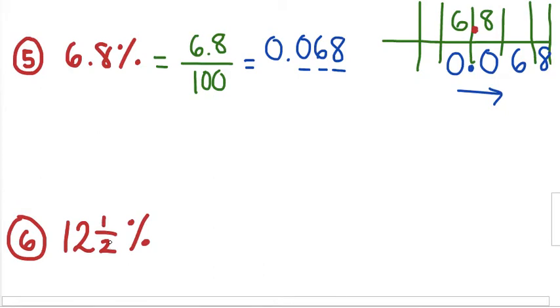So if you do 1 divided by 2, your calculator is going to give you 0.5 or 5 tenths. So that means that I can write this as 12.5, because I have 12 whole ones, and this is the fraction part, and the fraction part is 5 tenths over 100.